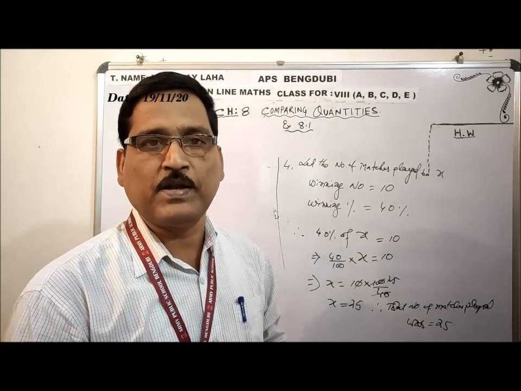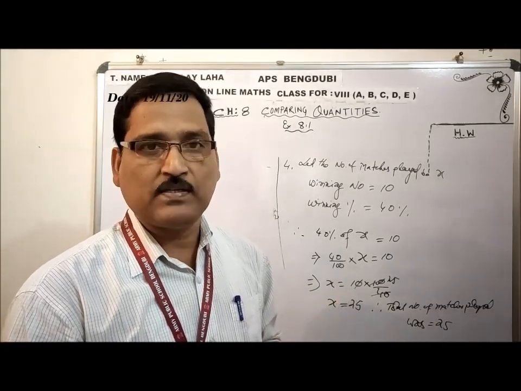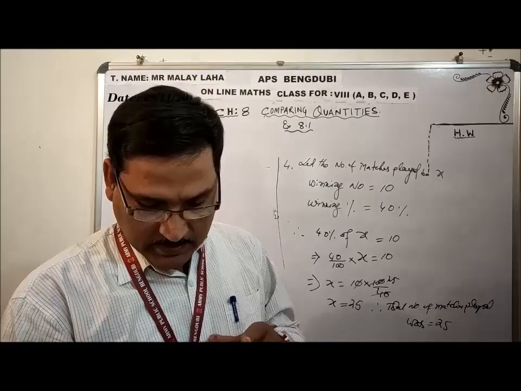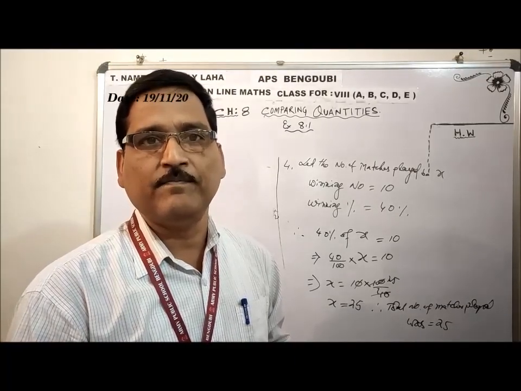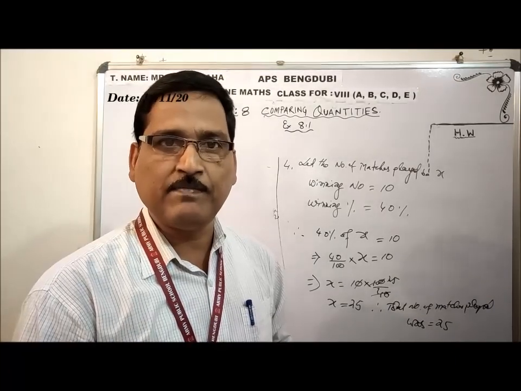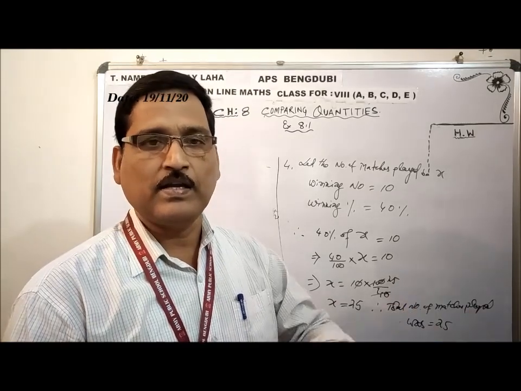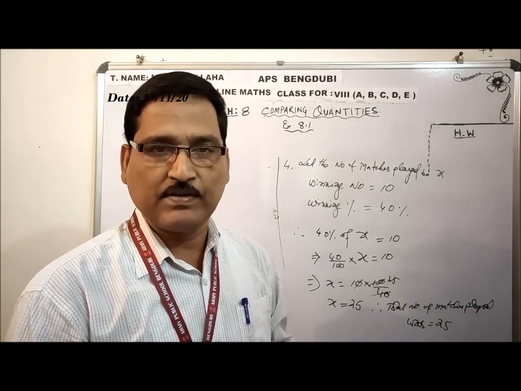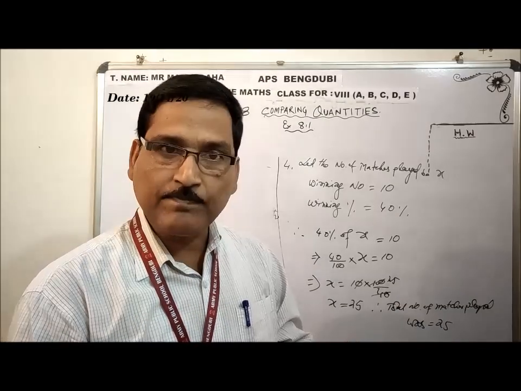Let the total money she had be X. This much I have understood. But here the spending percent is 75%. What is the remaining percent? Remaining money is 100 minus 75, which is 25%, because she had money left after spending.